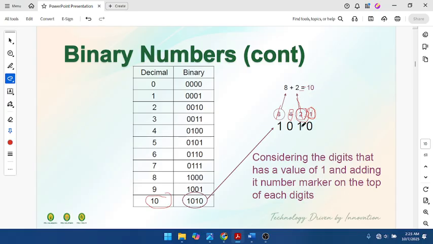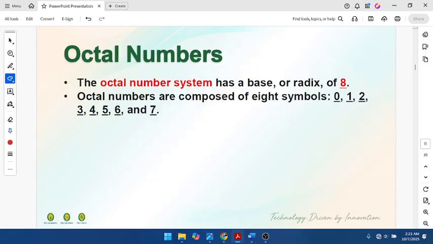So the 1s are only in the second place and the fourth place. That's how our binary numbers work into decimals.